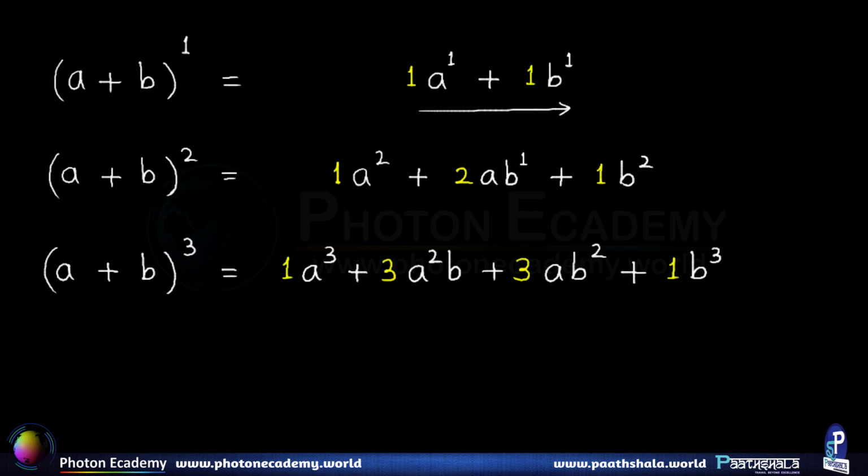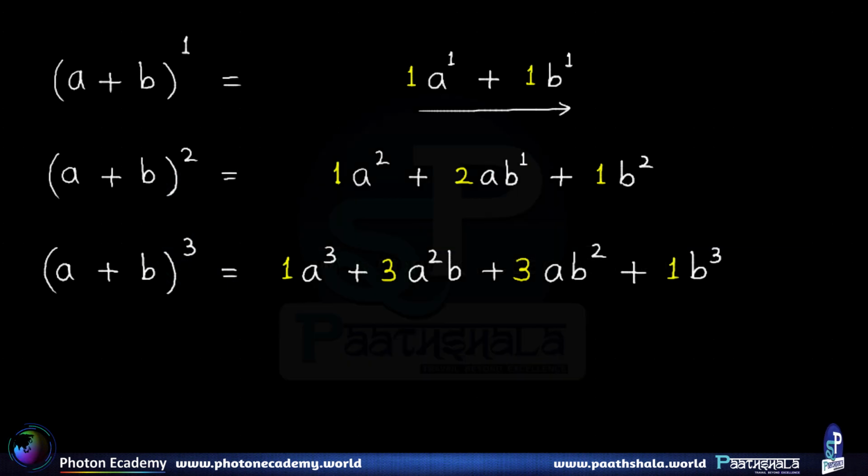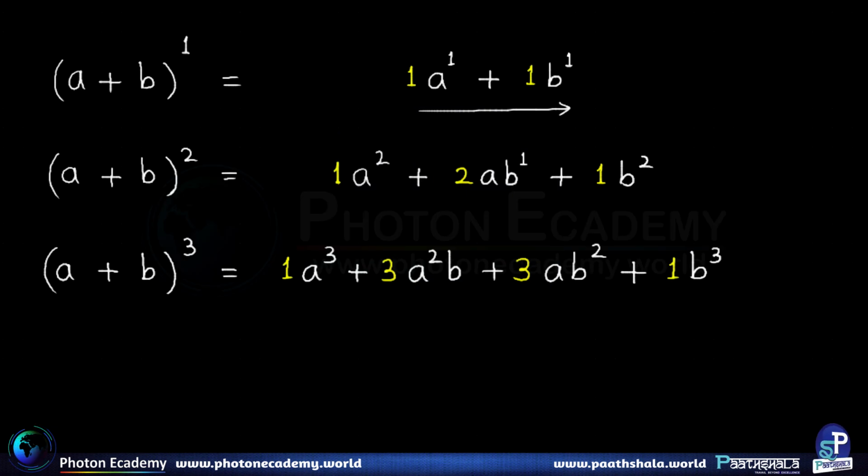The second observation is about the coefficients. If you see, the coefficients were 1 and 1 in the first case, then it was 1, 2, 1 and then 1, 3, 3, 1. Now let us think what these numbers are and whether we can find some pattern. So the pattern is like this. The number 1 in the first expansion is obtained as 1C0 and the second one is obtained as 1C1.